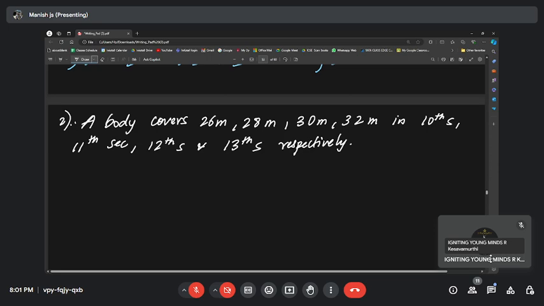So they've told you that the body covers 26, 28, 30, 32 meters in the respective seconds of 10, 11, 12, and 13.